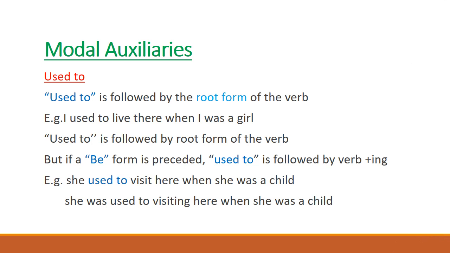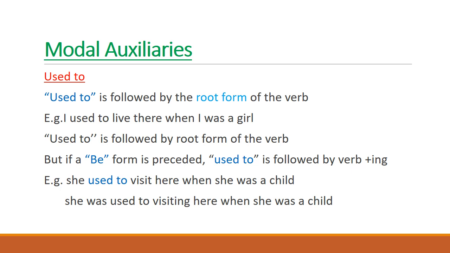Used to is always followed by the root form of the verb. For example, I used to live there when I was a girl. Here, the root form of the verb live is used in this example. Used to is followed by the root form of the verb, but there is an exception. If a be form precedes it, used to is followed by verb plus ing. For the first case, used to is generally followed by the root form of the verb.